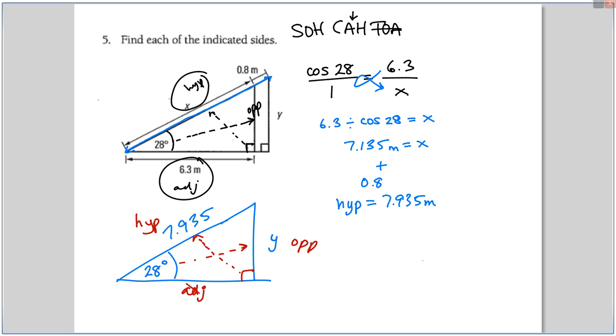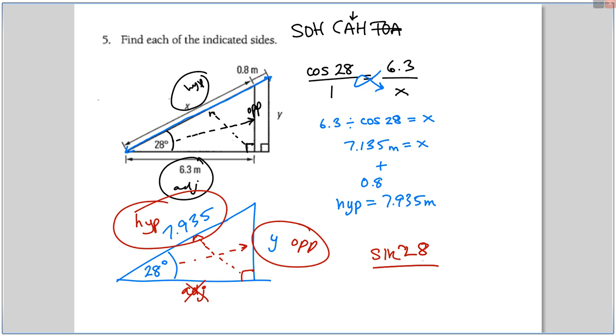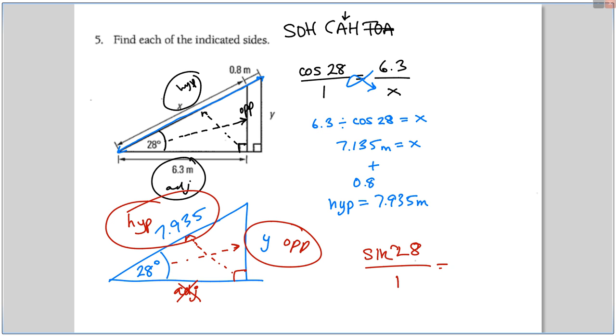See how I don't know anything about adjacent? There's no information about it. So which one do I got to use? Op and hype. Which one does op hype? Attaboy. Use science right here. So what goes next to the sine thing? 28. All over 1 is equal to op over hype.